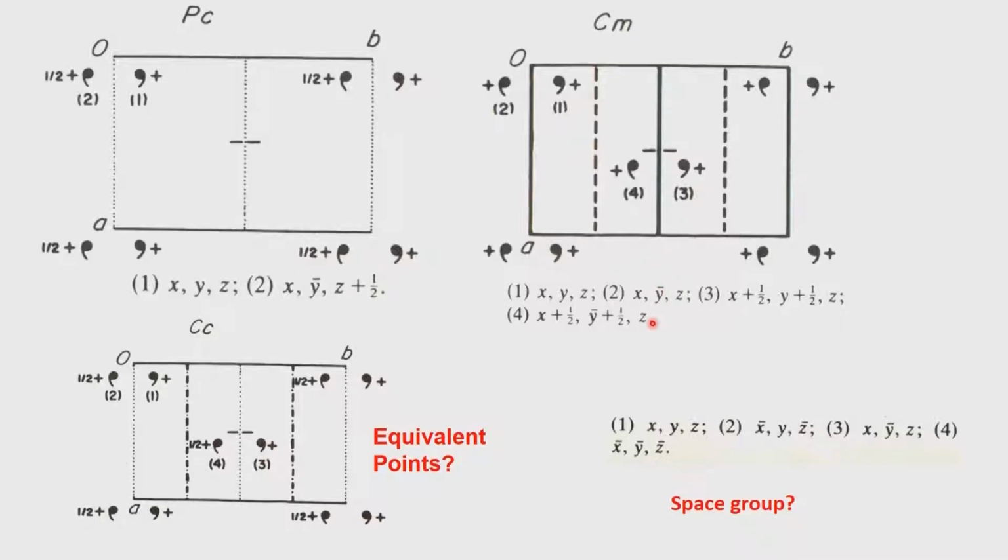So, what it essentially tells us is that given a diagram like this, it should be possible to find out the equivalent points. The other issue is, given the equivalent points like this, it should be possible for us to find the space group. And if we find the space group, we should be able to generate the symmetry operation diagram.